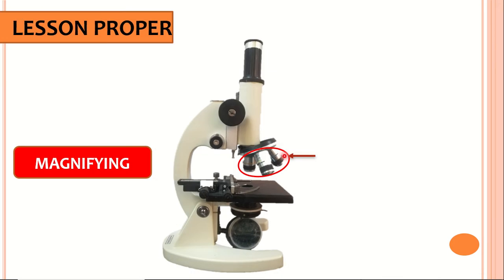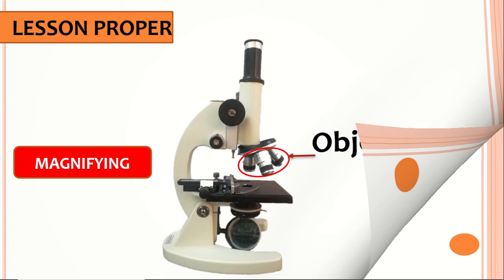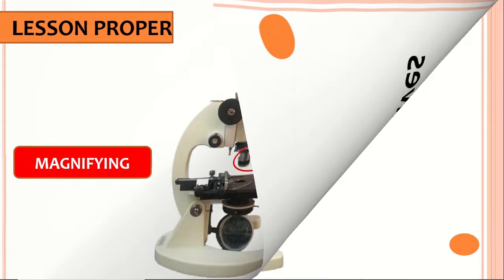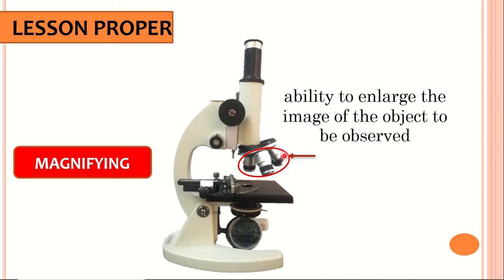Objectives are attached to this revolving nose piece, and that has been discussed a while ago. Lenses of objectives have the ability to enlarge the image of the objects to be observed, and this is what we call magnification.